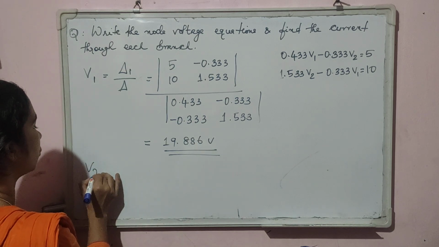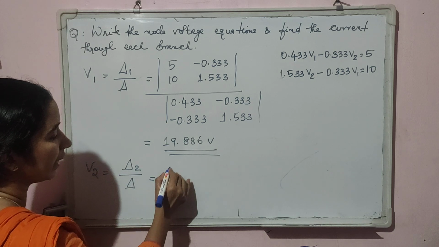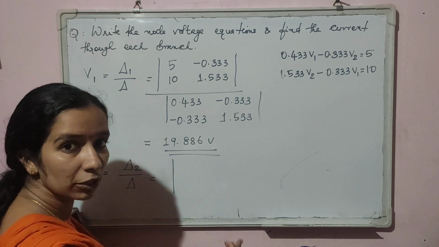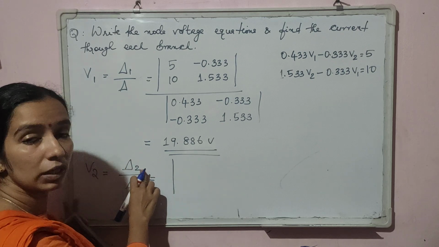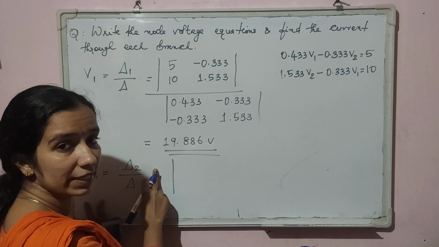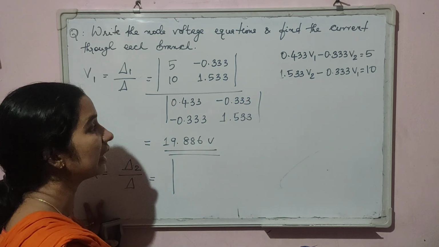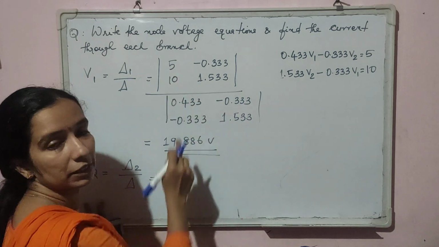Now calculate V2. So V2 is equal to delta 2 divided by delta, and delta 2 is the determinant of the matrix which is obtained by replacing the second column of the coefficient matrix by the constant matrix.